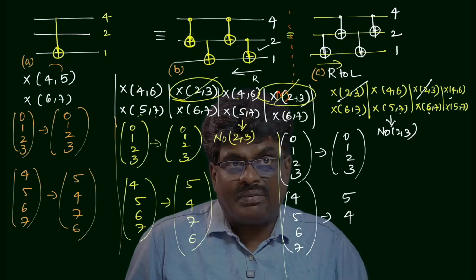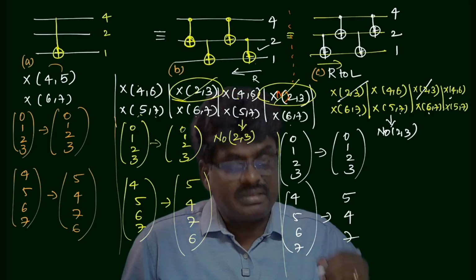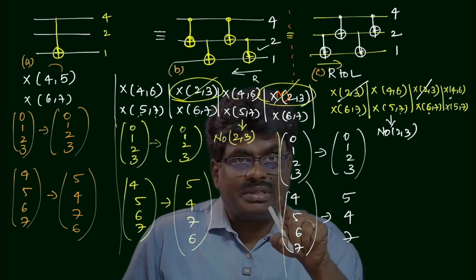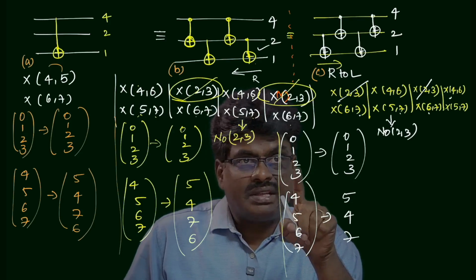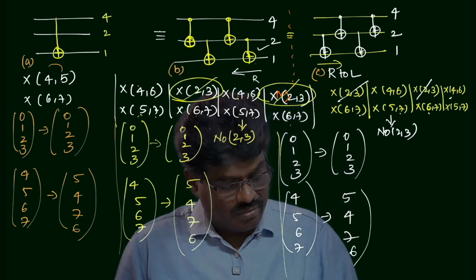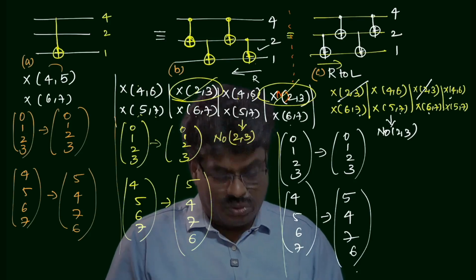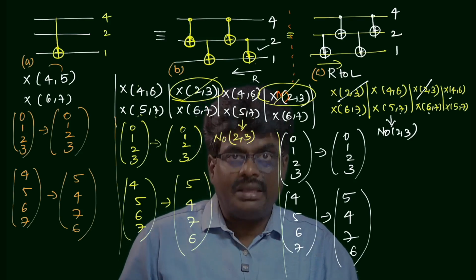Next there is no 5 in the third, go to 4, 5 to 7, 7. Next 7. 7 to 6, second one, 6 to 4. Next there is no 4, last one 4 to 6. That's it. So all are same only. So that's why all these quantum circuits are equivalent.